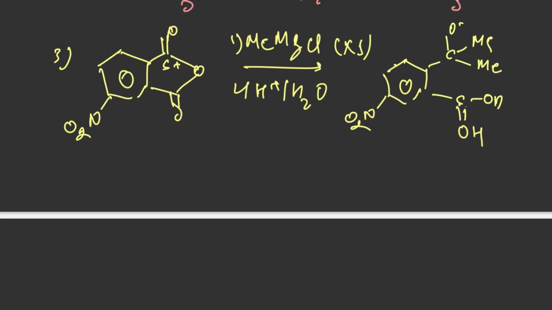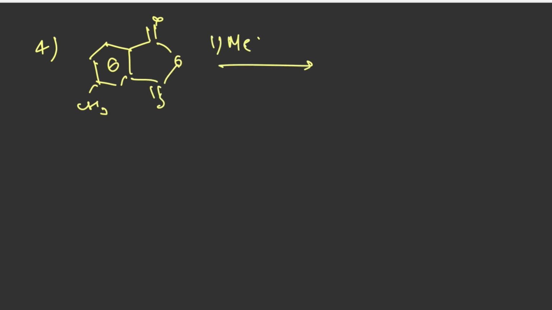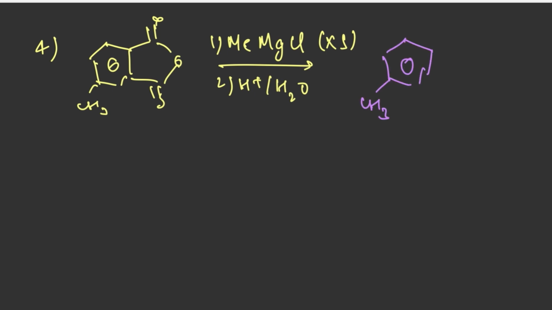Fourth, we have methyl over here, which will attack MeMgCl, which is in excess. Second, H plus H2O. So it will react to form CH3. Now where is it going to attack?